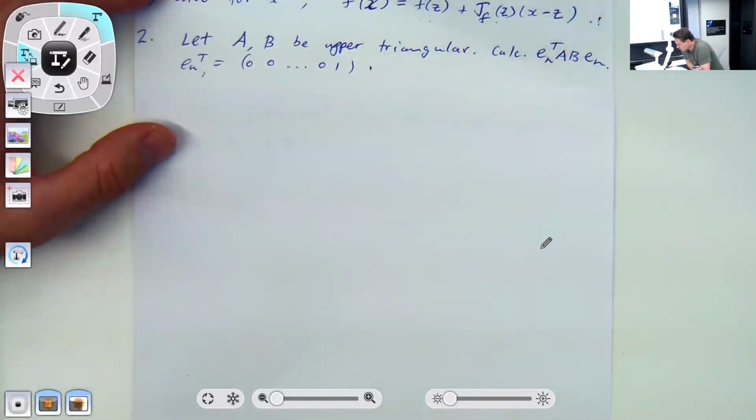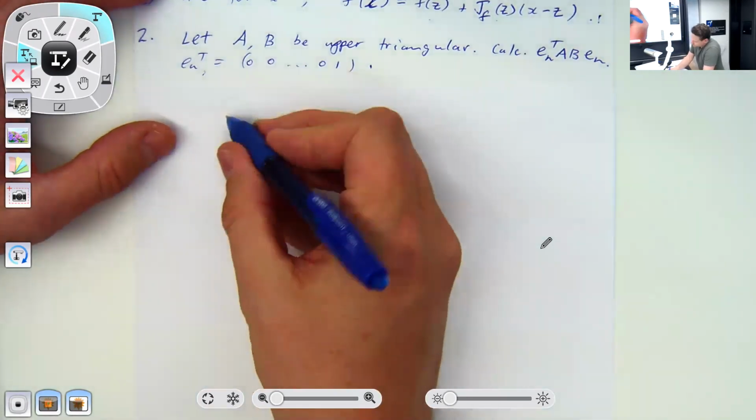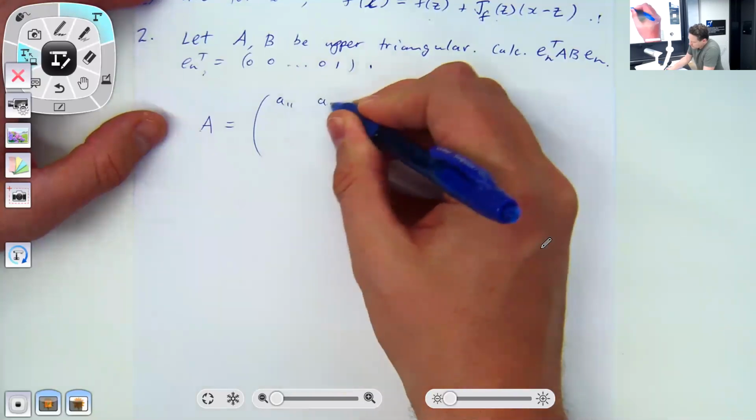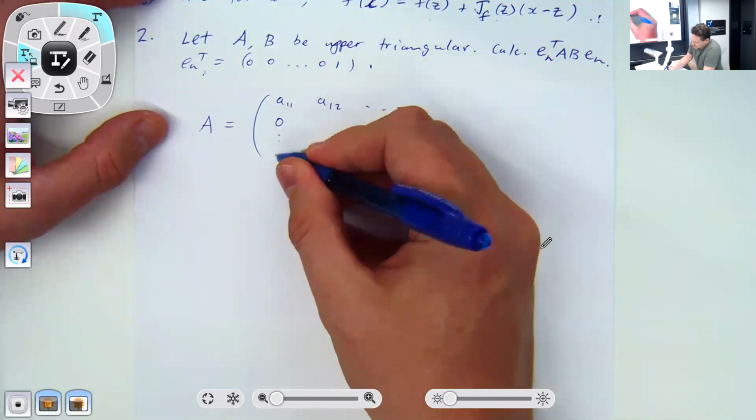Now, if we have two upper triangular matrices, there are a couple of ways to do this, but one way that I personally don't mind is to just multiply out A times B. Of course, you can make other observations, but we'll come to that once I've shown you. Now, what I want is a pattern. So I'm going to write A equals A11, A12, and so on, and then we have a 0, and another 0.